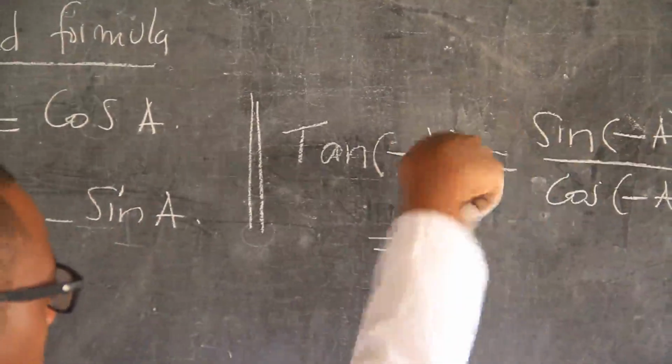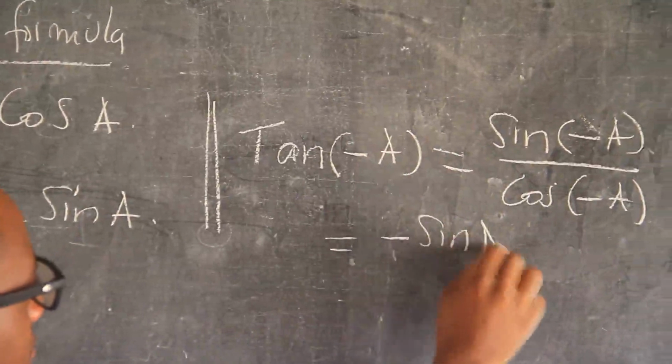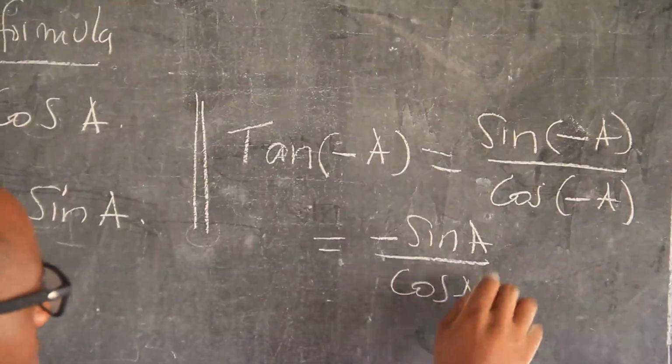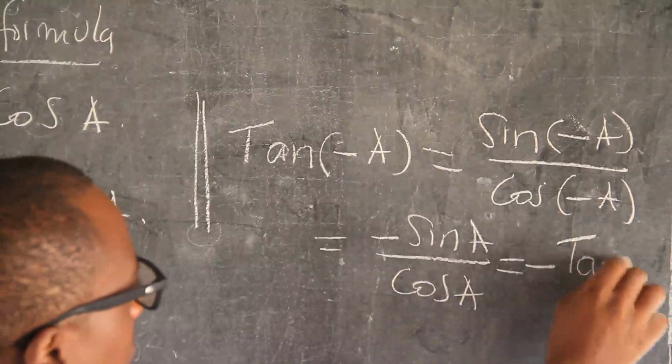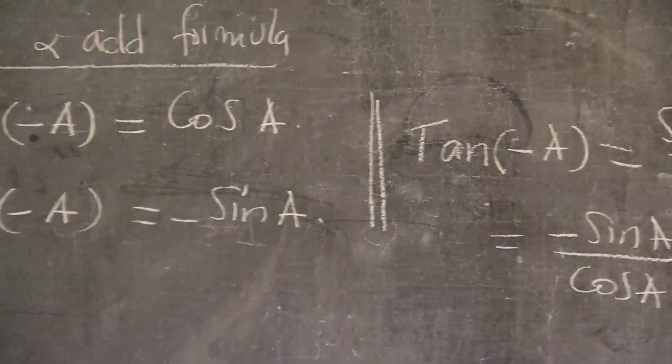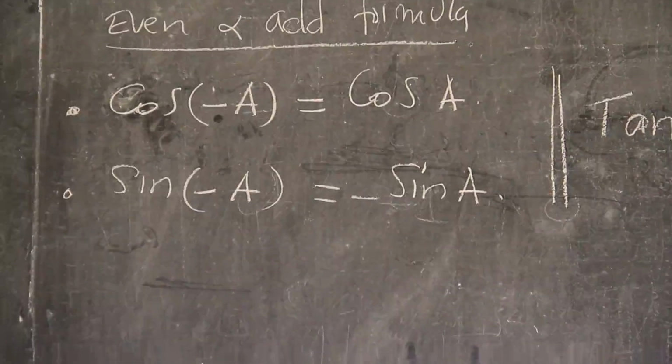For sine the negative comes out. For cos, the minus is nothing. So it will be minus tan. So for tan also the negative comes out.